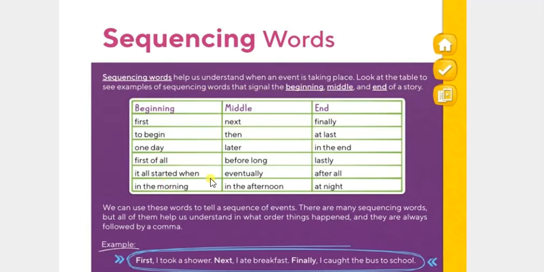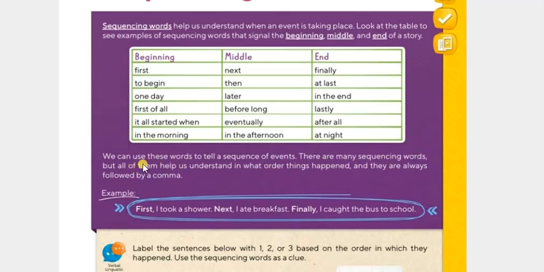All of these words are used to name events in order, okay? We can use these words to tell a sequence of events. There are many sequencing words, but all of them help us understand in what order things happened.